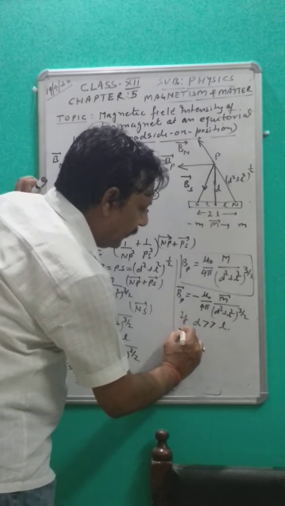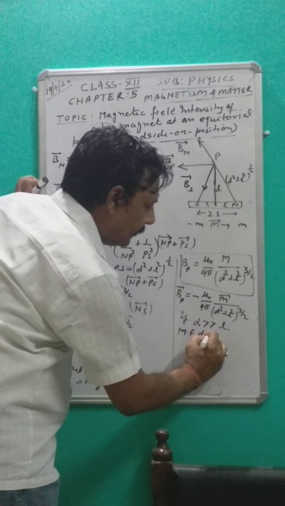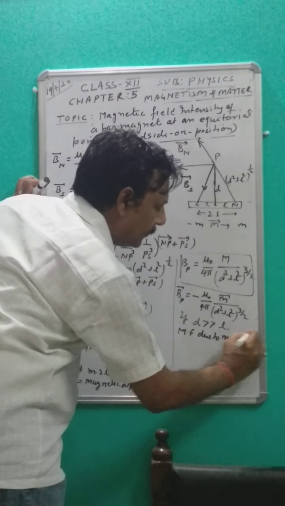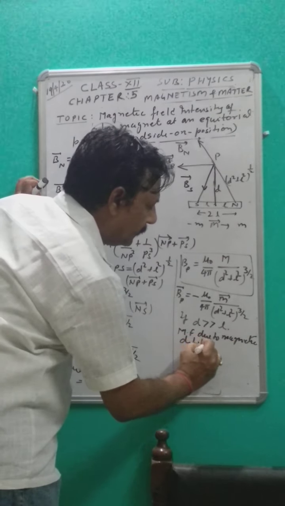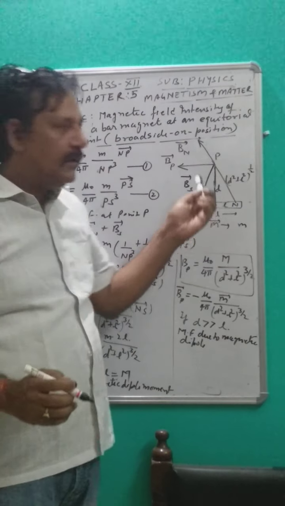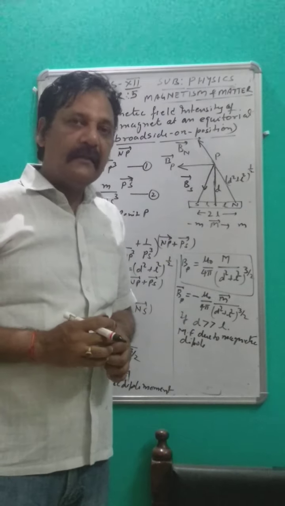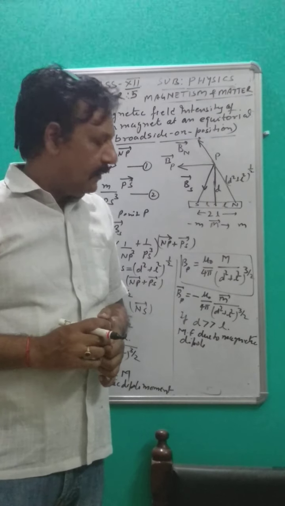If d is very much greater than l, then the bar magnet can be considered as a magnetic dipole.